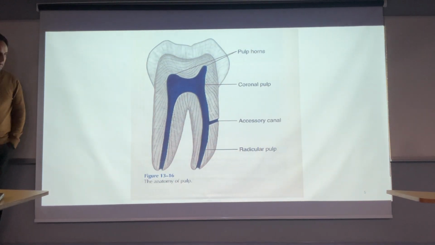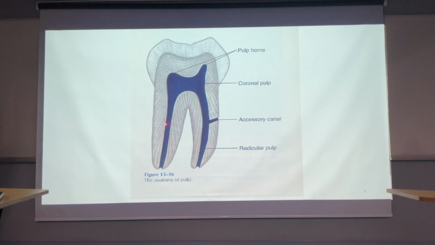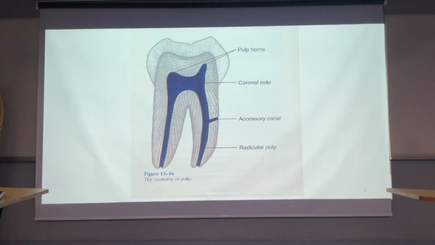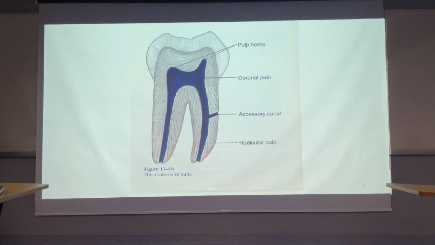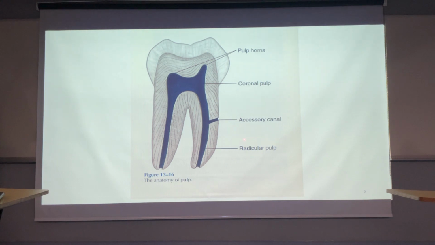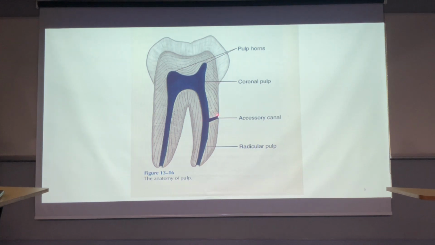Sometimes, in the formation of the apical foramen and the radicular side of the pulp, you can see some anomalies. Normally, in two-root teeth, we have two pulps in the narrow side, known as the radicular pulp. But sometimes these pulps open into the side pulp with an accessory channel.